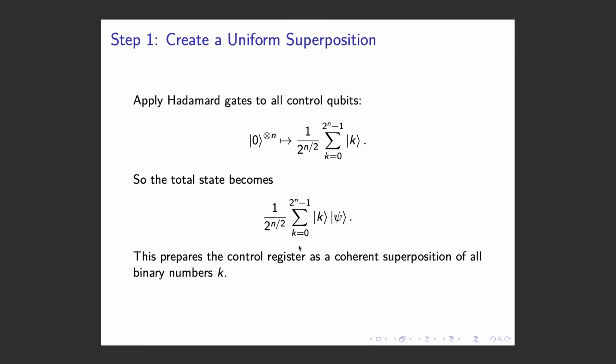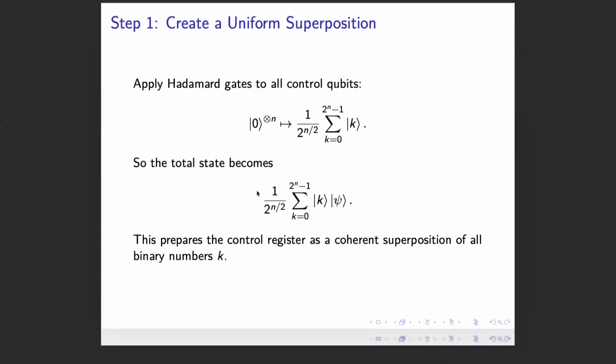So the first thing you do is to create a uniform superposition. The states are not entangled, keep that in mind. This is just a uniform superposition of Hadamards. Remember that these K states are multi-qubit states, and this can be broken down into K1, K2, K3, and so on, where each of the smaller K values takes only values 0 and 1.